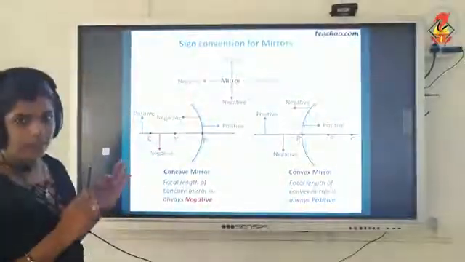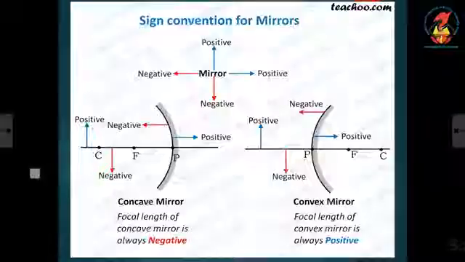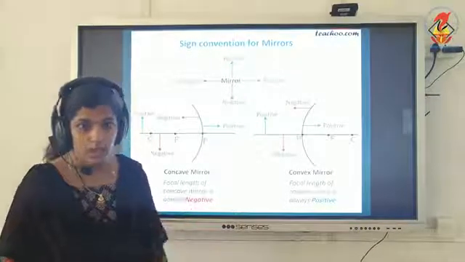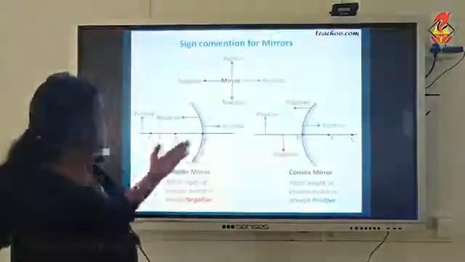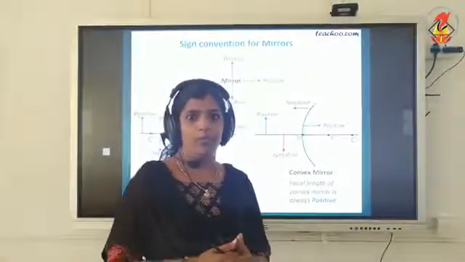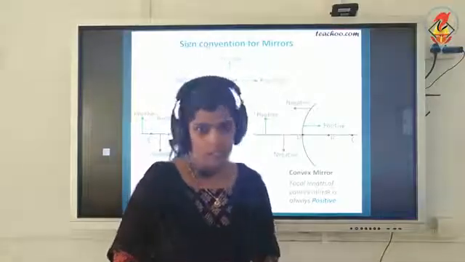Now, third one, the measurements which are taken in the direction of the light ray are taken as positive, and the measurements taken opposite to the direction of the light ray are taken as negative.